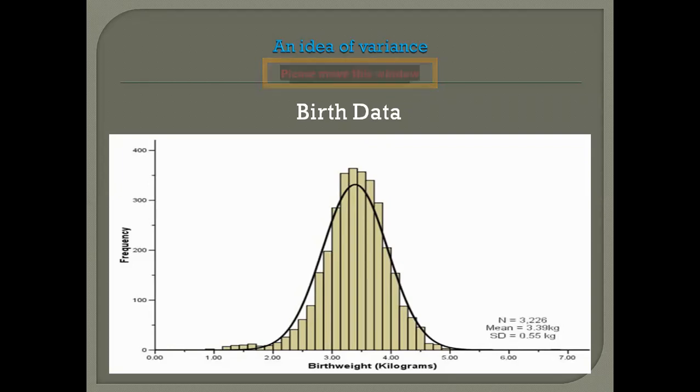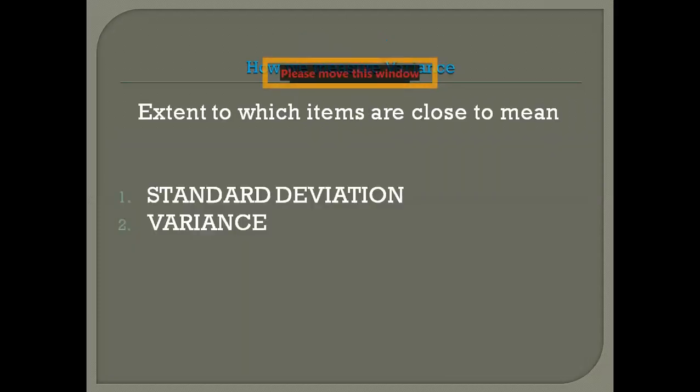To measure that spread, we should have a scientific way of measuring variance. So how do we measure this variance? We use standard deviation and variance, which is another name, I should say, for the standard deviation. It's just the square of the standard deviation. We will see it once we move into that.